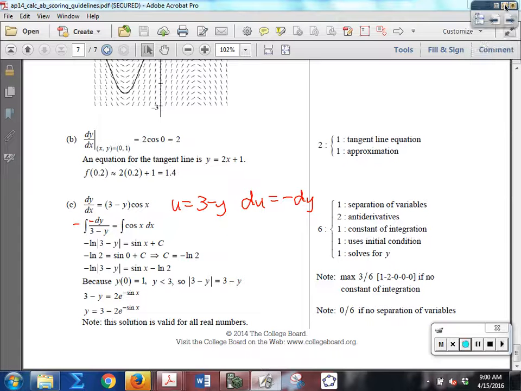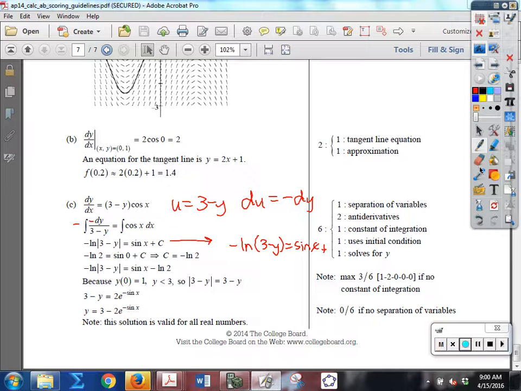Sine of x plus, well, I'll subtract natural log of 2. Just remember to undo the natural log. You just got to change it to exponential form. So you get to here.